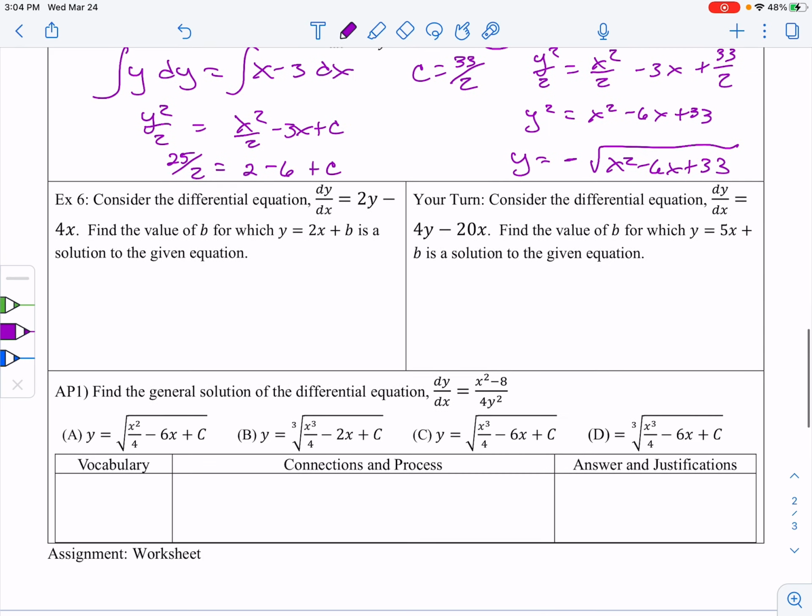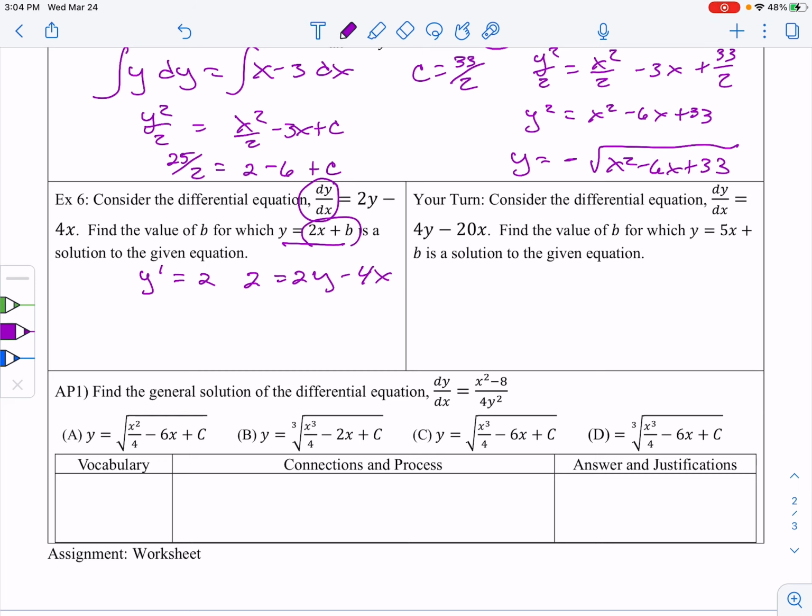All right. This one's a little different. Consider the differential equation y prime equals 2y minus 4x. Find the value of b for which y equals 2x plus b is a solution to the given equation. Well, if this is the derivative, I want to take the derivative of that. So I get y prime is equal to 2. I can replace that. So now I have 2 equals 2y minus 4x.